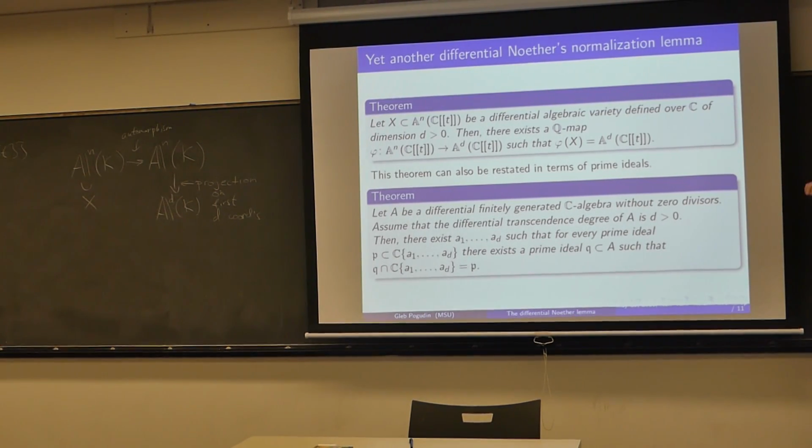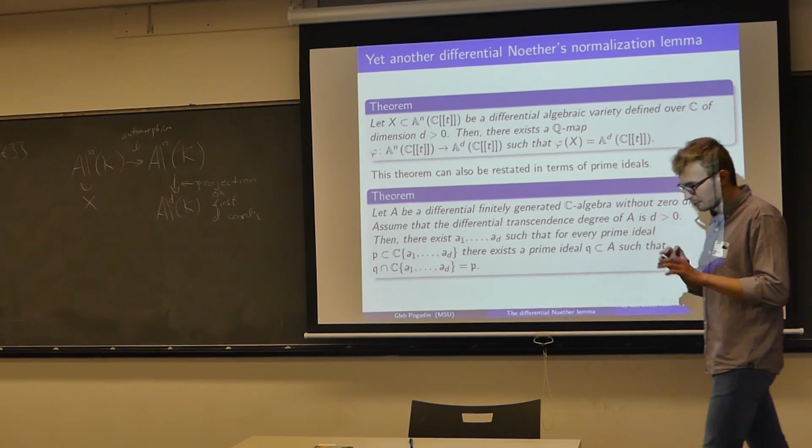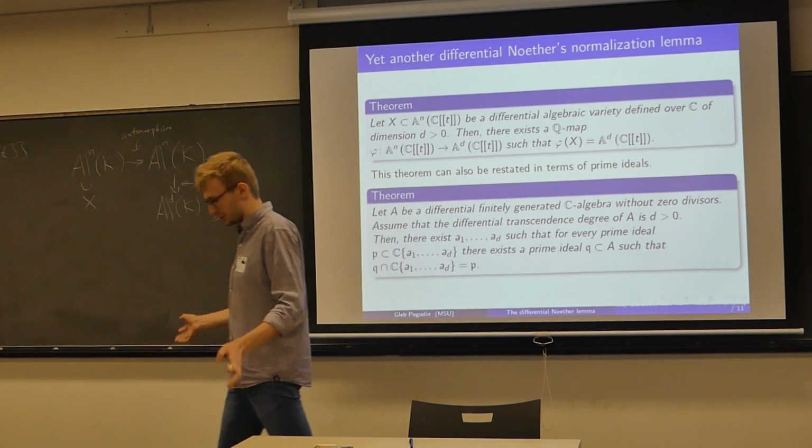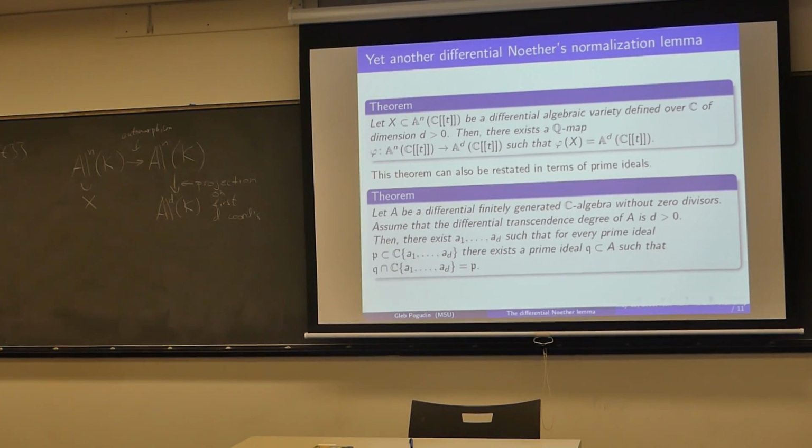Okay, the geometric statement is pretty much the same, just I replaced my big K with power series. That's what's happening. In algebraic language, it just means that you have lying over property for prime ideals which are not differential. So you can lift any prime ideal, no matter what kind of ideal you have.